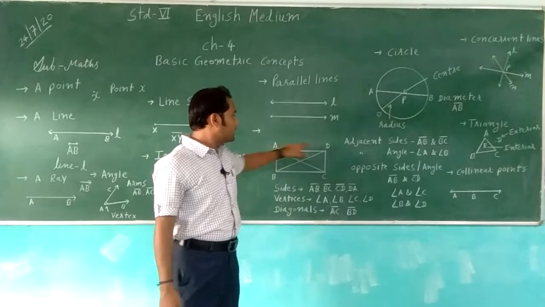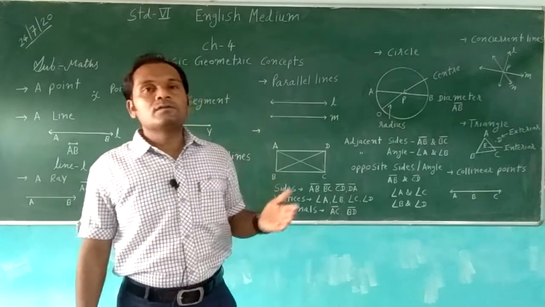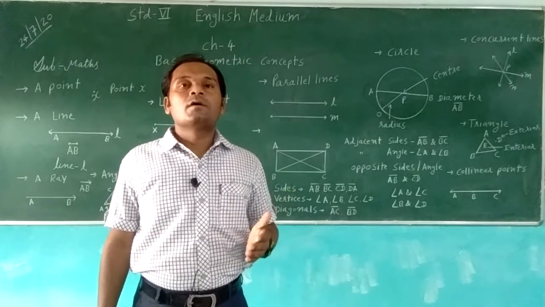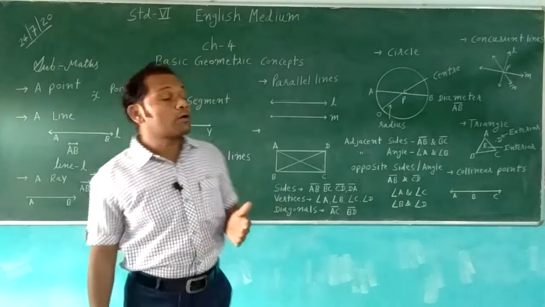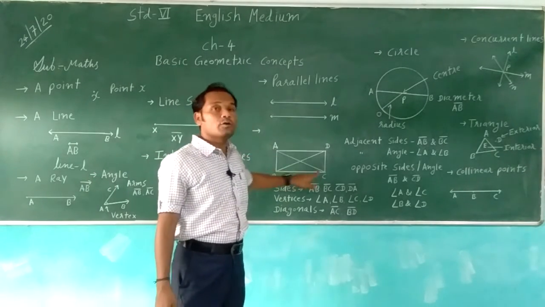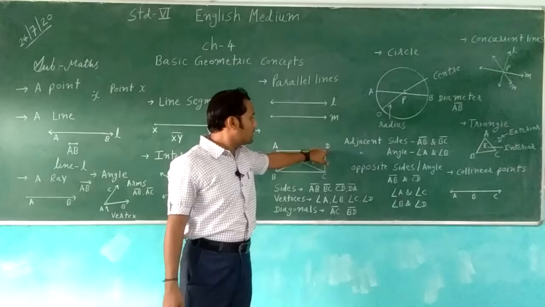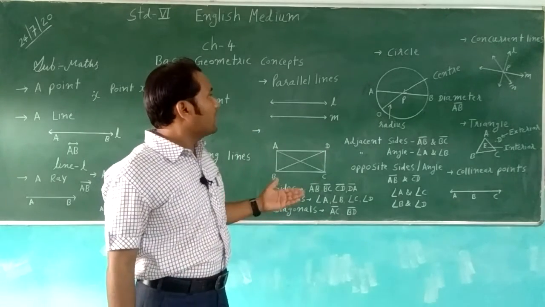In the same way, angle B and angle D are opposite angles, which are at the endpoints of diagonals. Angle A and angle C are opposite. Angle B and angle D are opposite. So these are opposite angles.